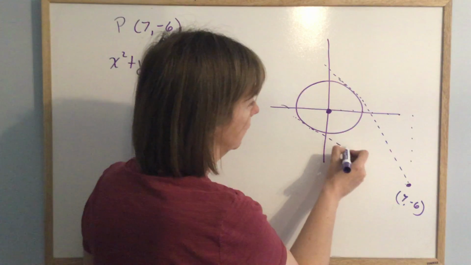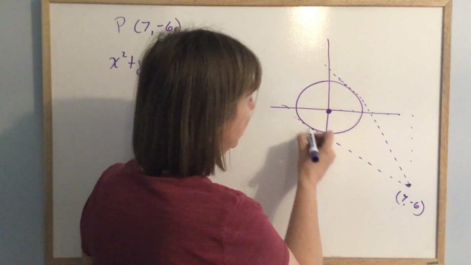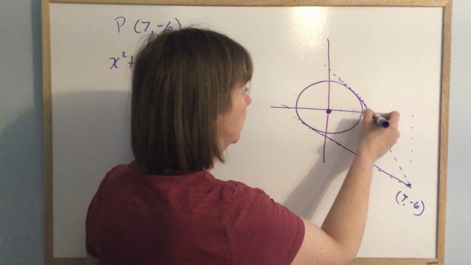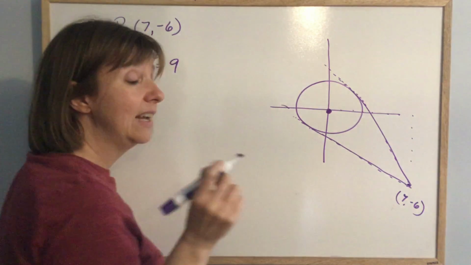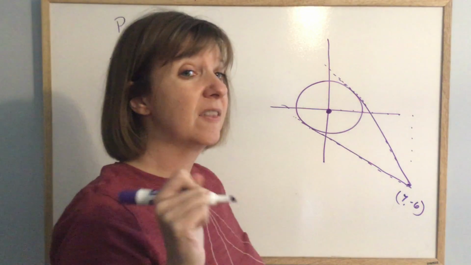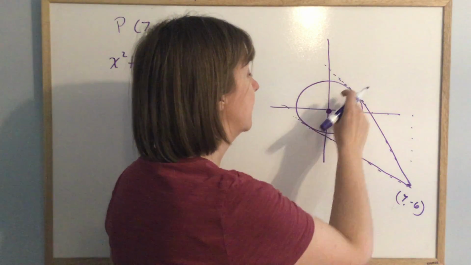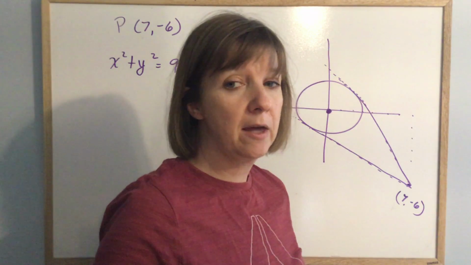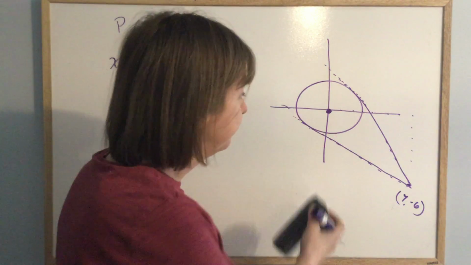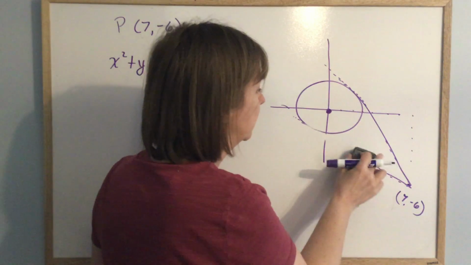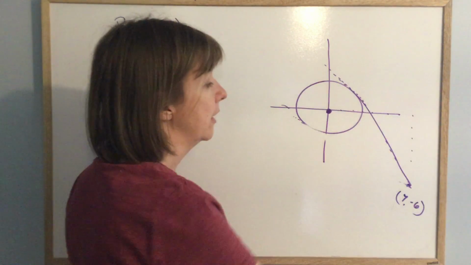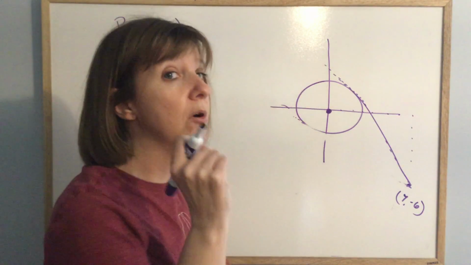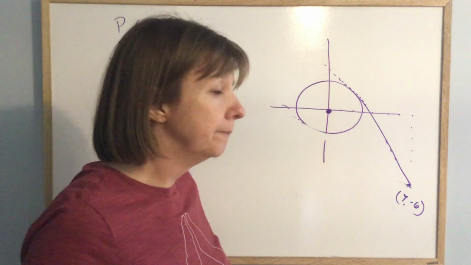It doesn't matter because it's the same length whether you draw it on that side or that side. So let's say I drew it from that side down, but I could have drawn it from here. I will get the same answer, okay?